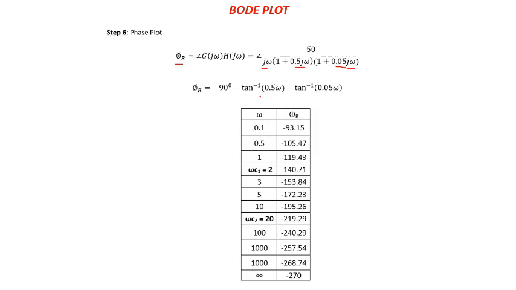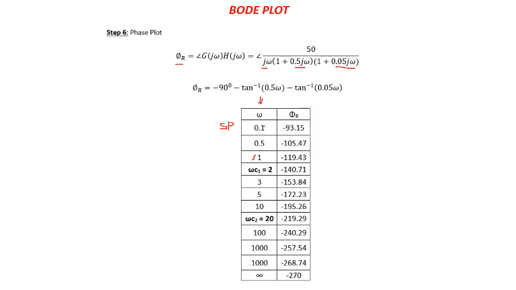So we put a table here with the omega values starting from 0.1, then omega equal to 1, then the first corner frequency omega c1 equal to 2, then 3, 5, 10. You can take any arbitrary values, but for a smooth curve it is better to take these values. We have practiced and found that for these particular values we get a very good smooth curve.